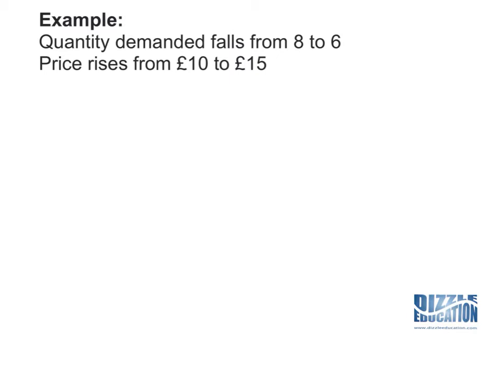So in our example here we have quantity demanded going down from 8 to 6 and price increasing from £10 to £15. Looking at demand first, we're doing a straightforward percentage change calculation. We look at the change in demand first of all: a change in demand of -2 divided by the original demand, which is 8. To convert it into a percentage, we times it by 100.